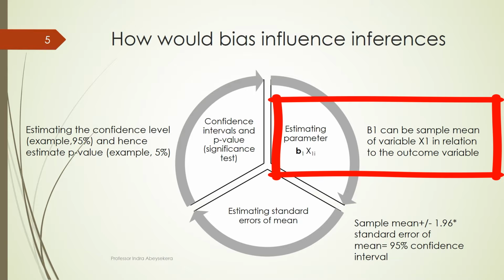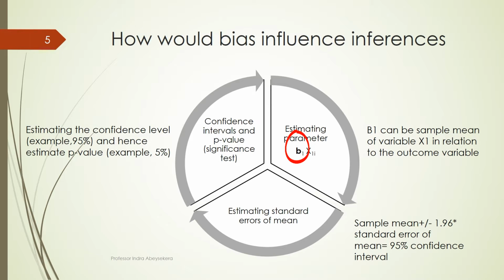A parameter estimate shows the relationship, or the strength of the relationship, between the independent variable and the outcome variable. For that estimation to be accurate, those assumptions should be met.